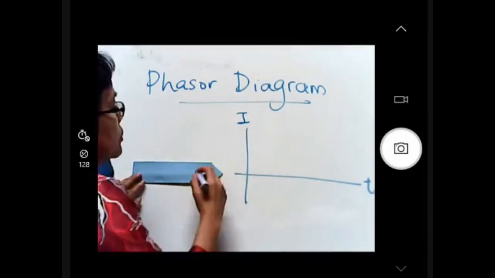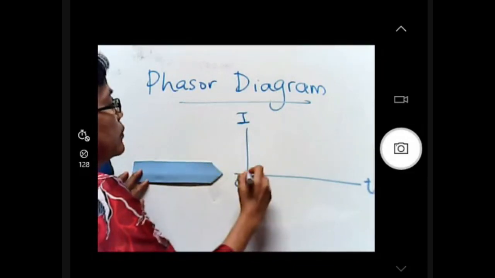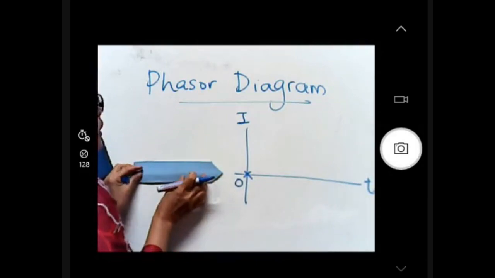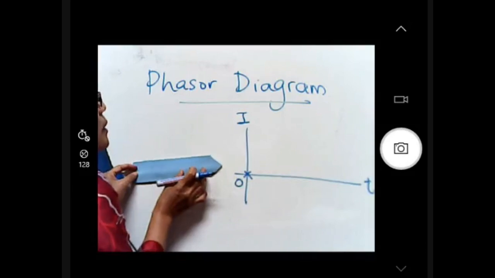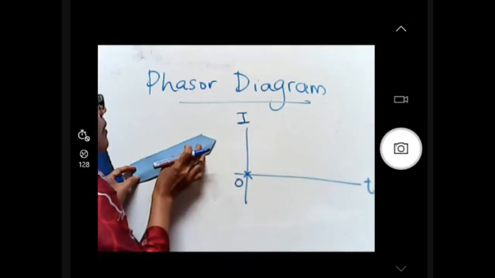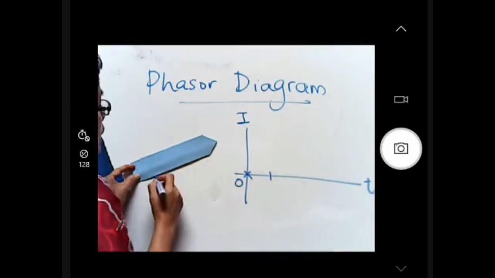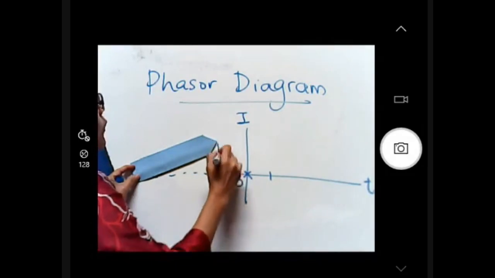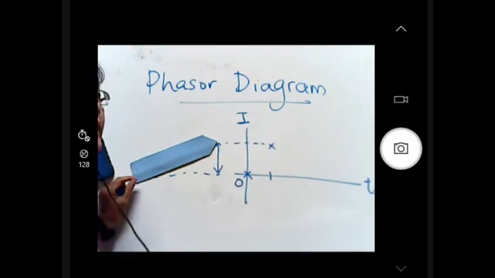At time t equals 0, the current is at 0. After some time, the current will increase its magnitude and change its direction. So at a certain position, we will take this value and sketch it here like this.